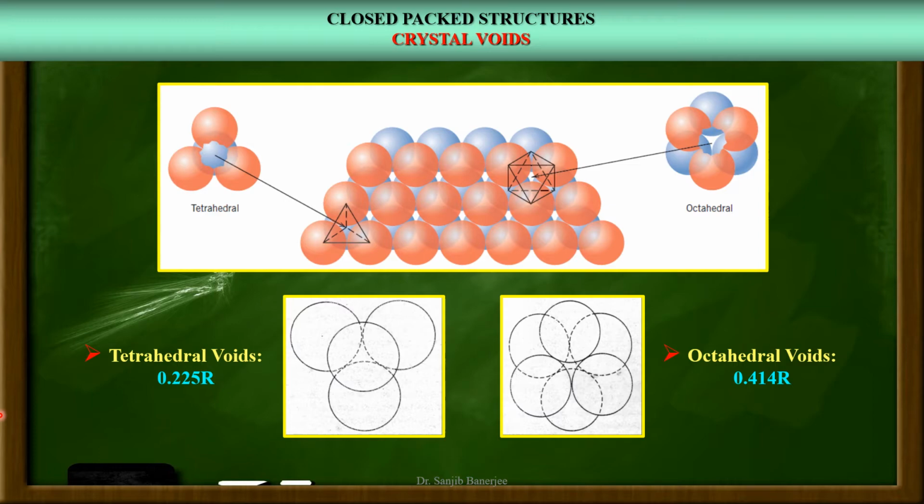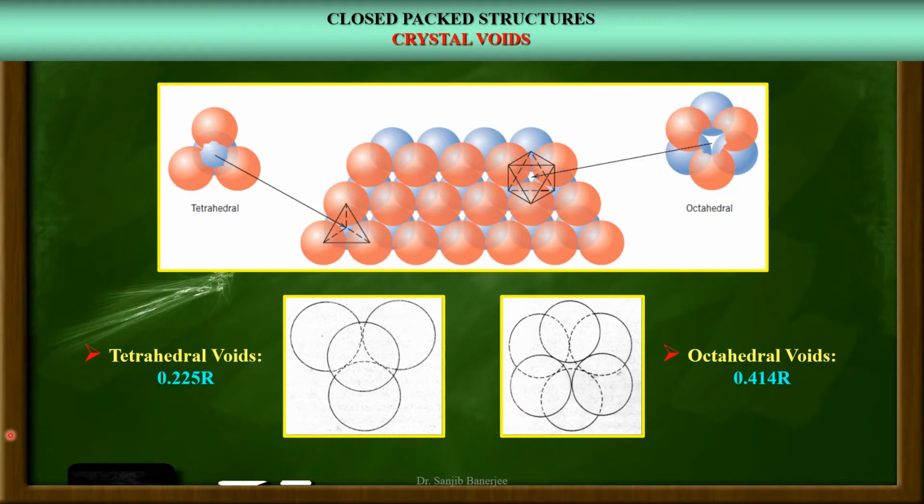Now, depending upon the shape, the crystal voids are classified into two types. The first is the tetrahedral voids and the second one is the octahedral voids.